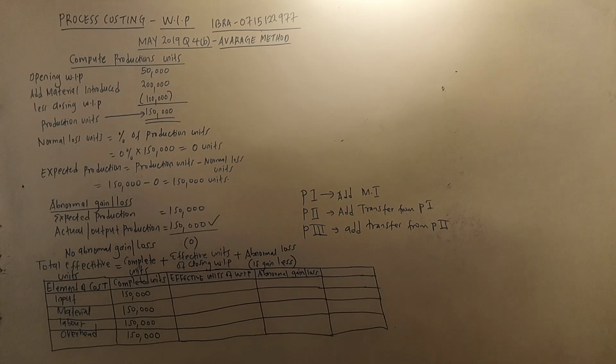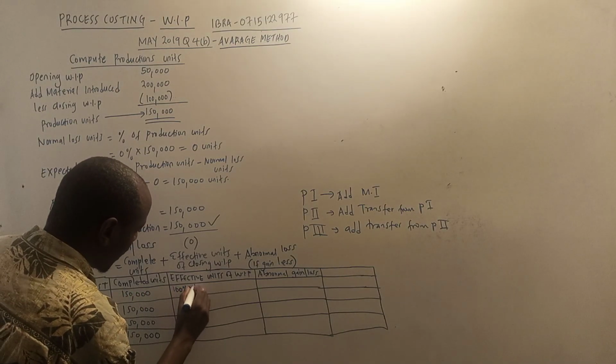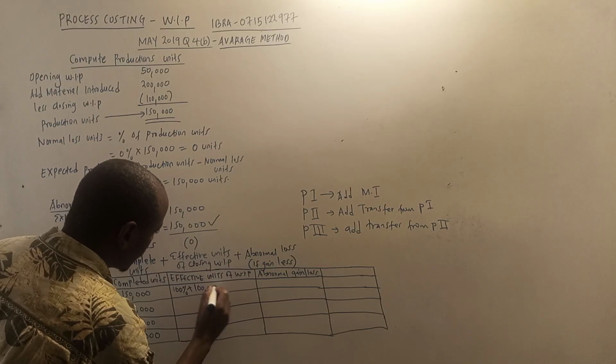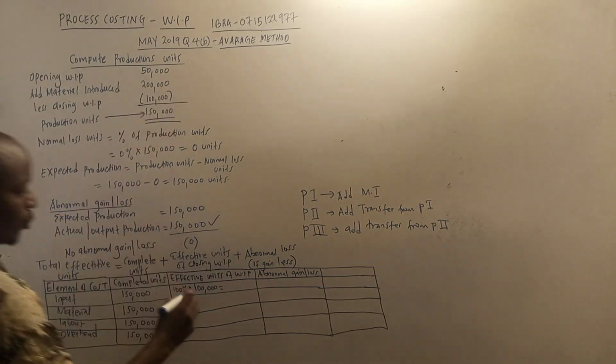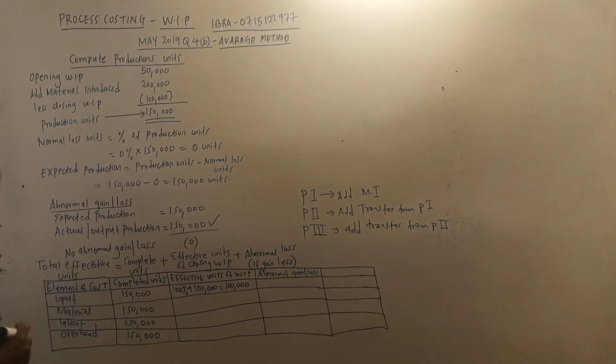But remember, I told you from when we started this lesson that inputs is always 100%. So you start with that first: 100% times the 100,000 units, and you get 100,000.